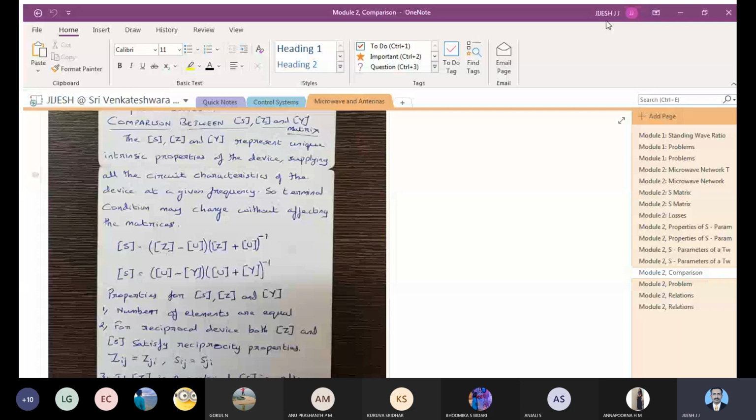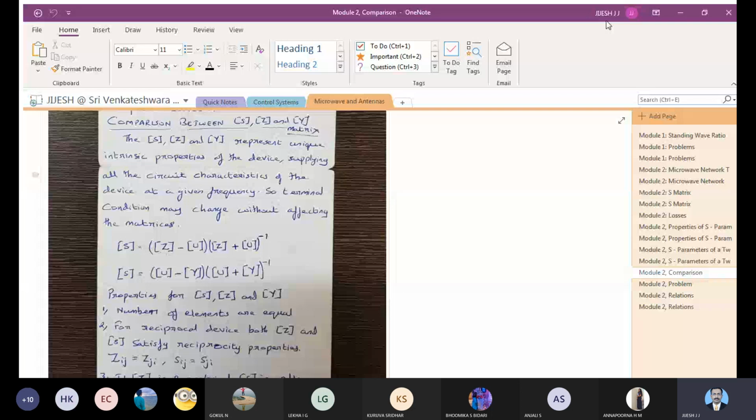For university question papers or internals, they often ask to compare all three matrices, Z, Y, and S. So let us see that comparison.